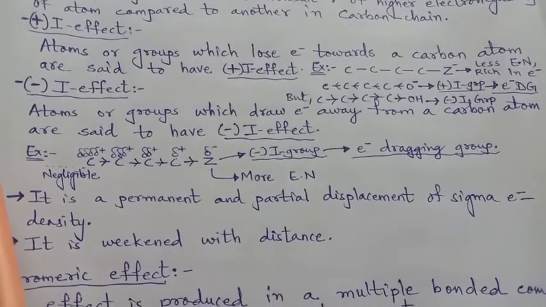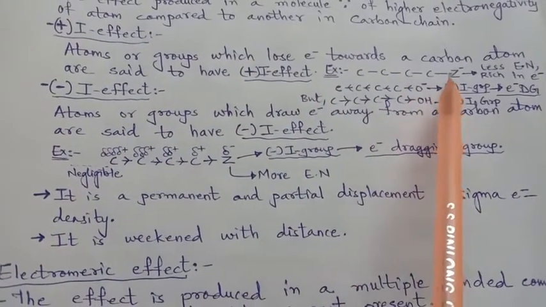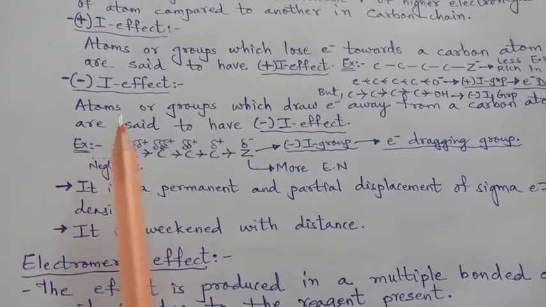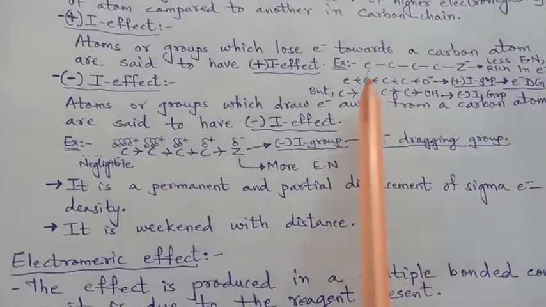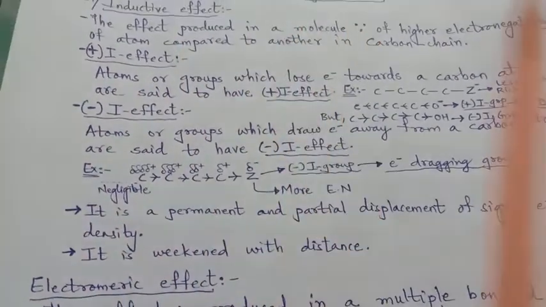Right? That means it is so electronegative that it will give a drag to the complete compound, from the first carbon up to the last. So that is termed the inductive effect. Right?